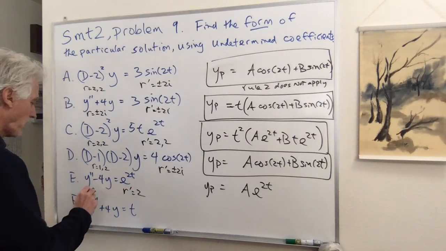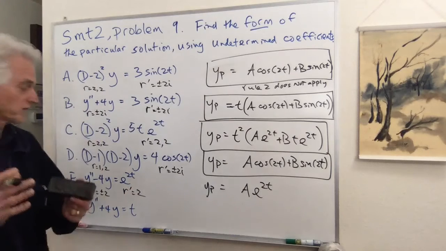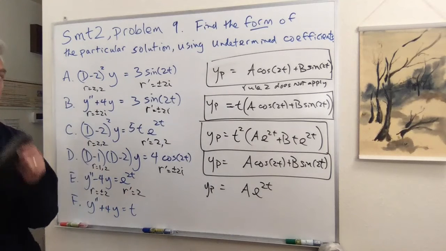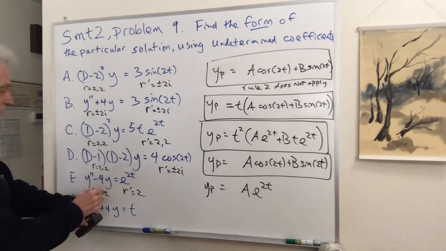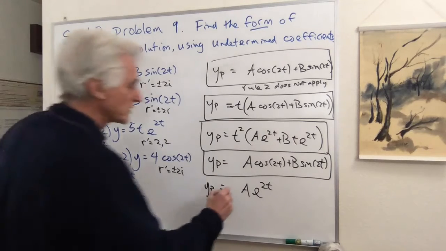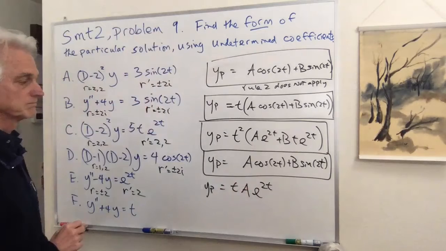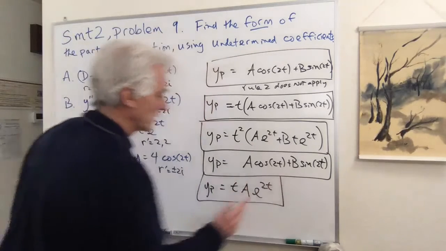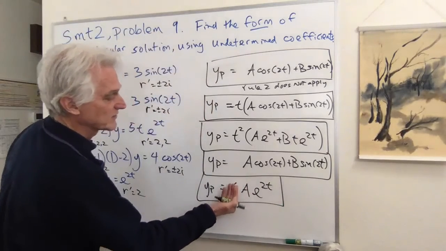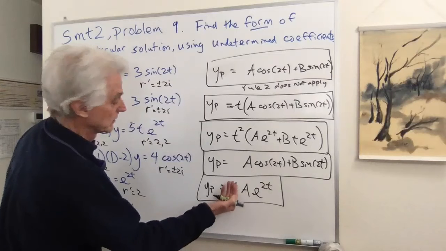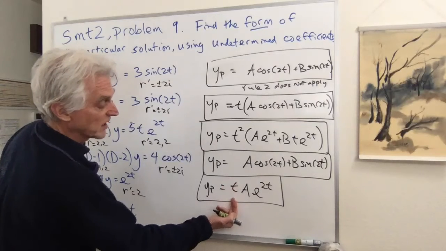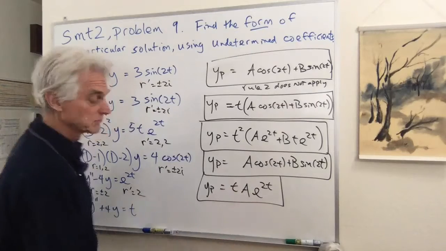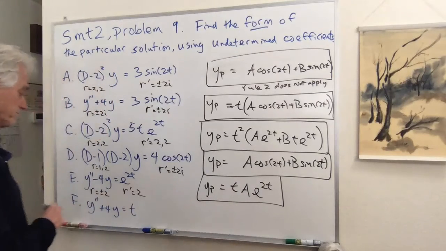I have r is plus or minus 2, right? Because I'm solving r squared minus 4 is 0, or r squared is 4, r is plus or minus 2. Oh, there is one. There is a plus 2 there, so I have to multiply this by t. Right? Because there, if I plug that into the left-hand side, I get 0. So I can't set 0 to be e to the 2t.